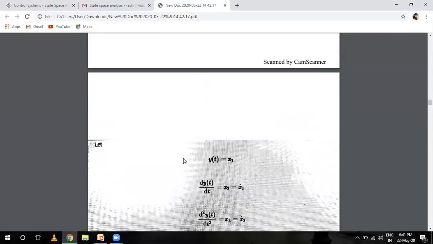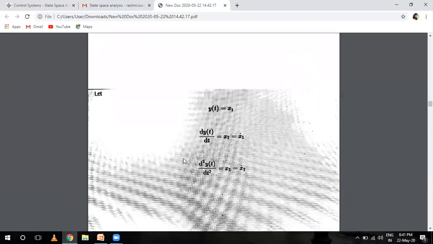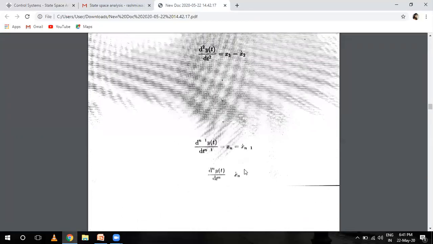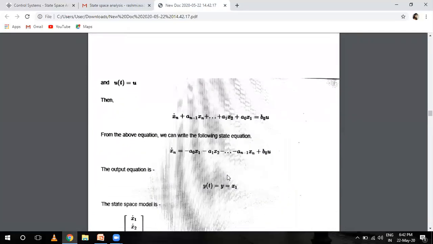Let y(t) be equal to x1, dy(t) by dt is equal to x2, that is x1 dot, meaning the differential part, then the double derivative is equal to x3 which is x2 dot, and up to d^(n-1) by dt^(n-1) is equal to xn, that is x dot n minus 1, and which is equal to d^n y by dt^n, that is equal to x dot n, and u(t) is equal to u.